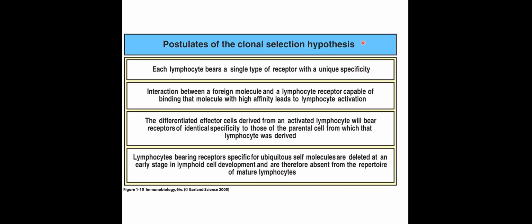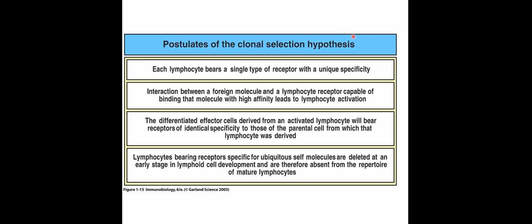Okay, so just like I mentioned that there was a theory that undergirded a lot of our discoveries in innate immunity, there was similarly a theory that undergirded our understanding of adaptive immunity, and that was the clonal selection hypothesis, which was proposed by an Australian, Macfarlane Burnet, in the middle of the 20th century.